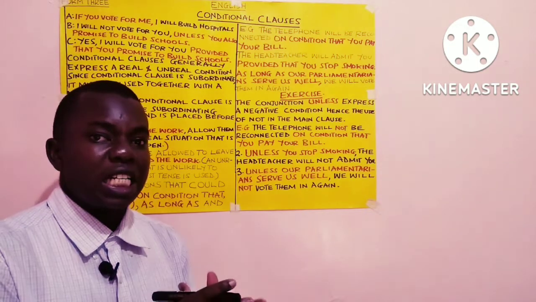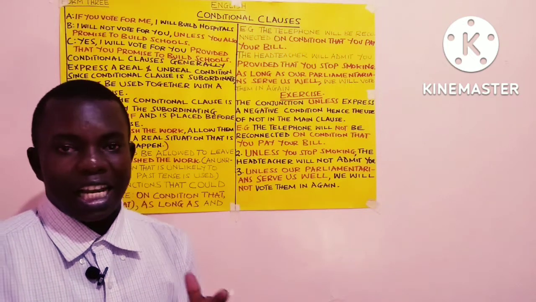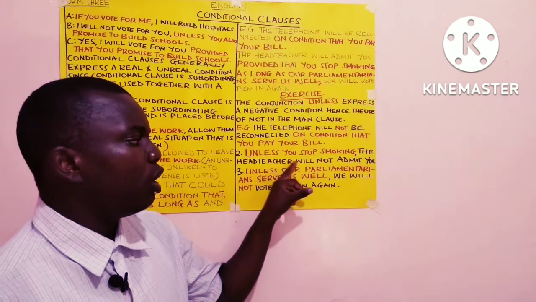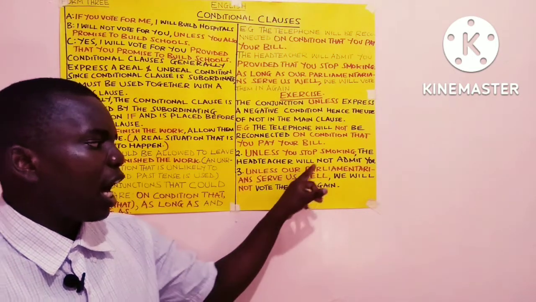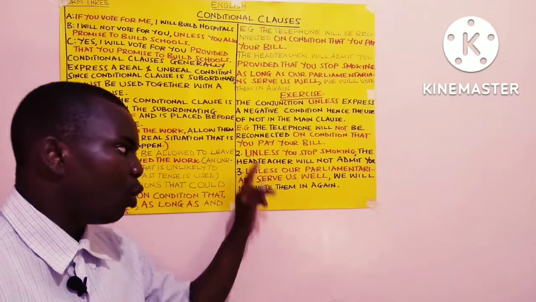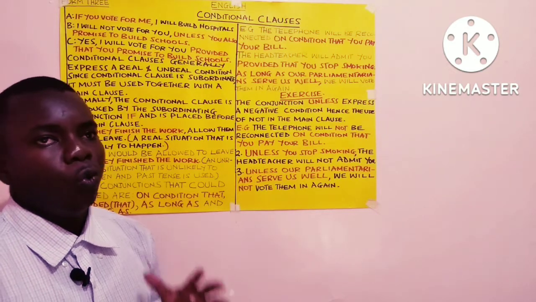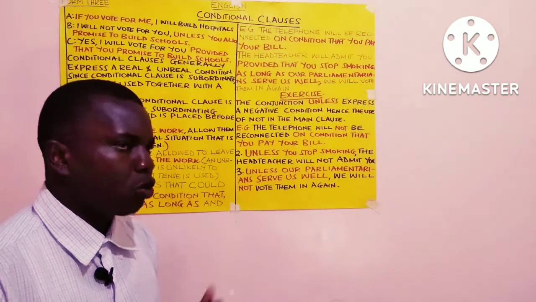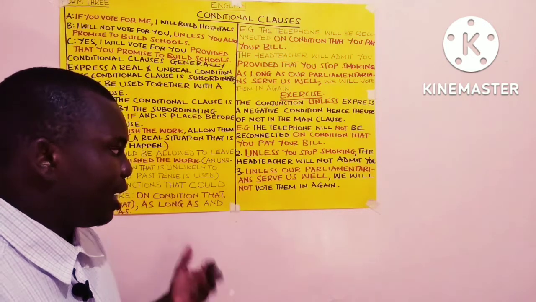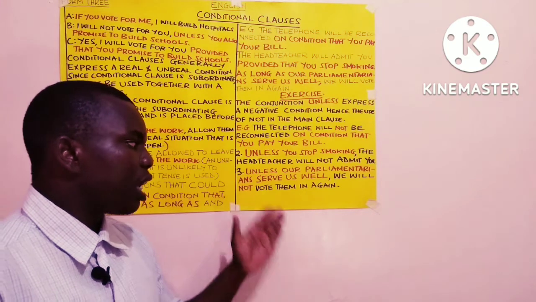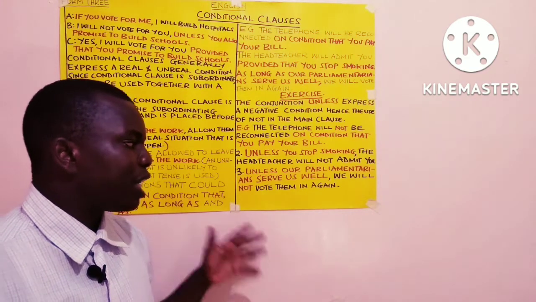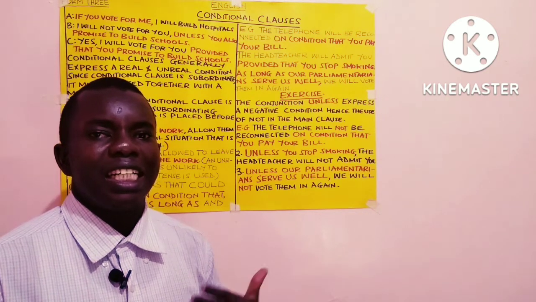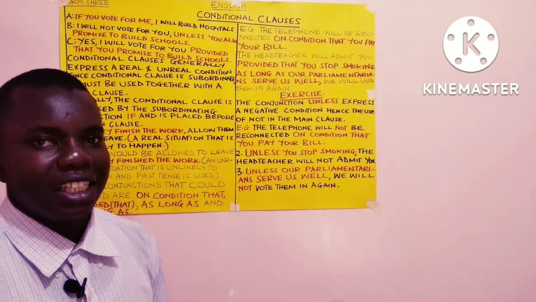Because unless suggests negativity, the main clause, "the head teacher will not admit you," carries that not, because unless, which is the conjunction that introduces the conditional clause, expresses negativity. Another example: "Unless our parliamentarians serve us well, we will not vote them in again."